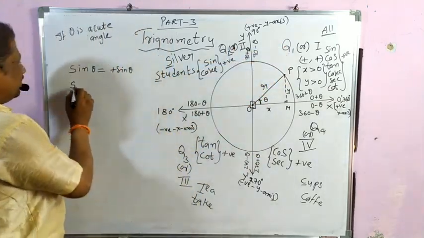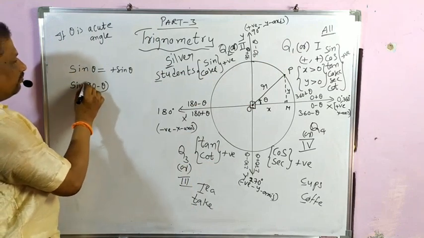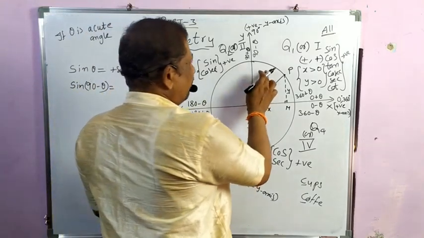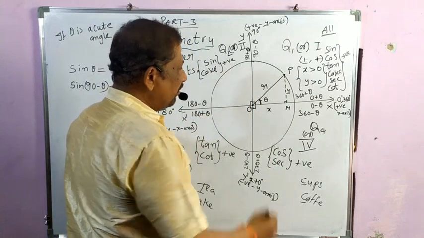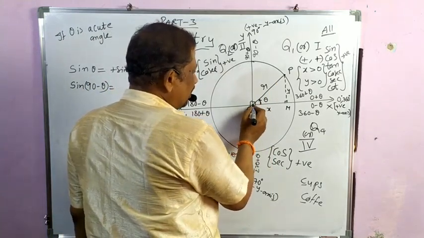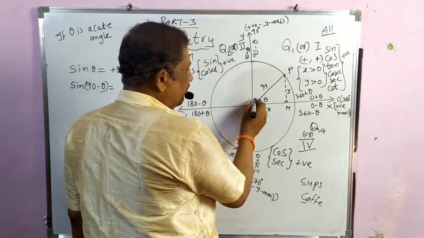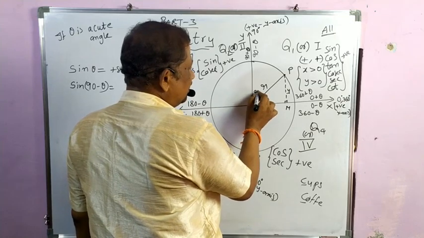So suppose I am taking sine of 90 minus theta. 90 minus theta means the angle falls in the first quadrant only. Here the total is 90, and you have to subtract this theta. So if you subtract this theta, what you get here is 90 minus theta.